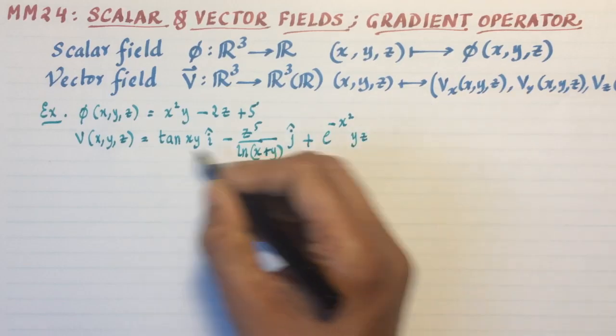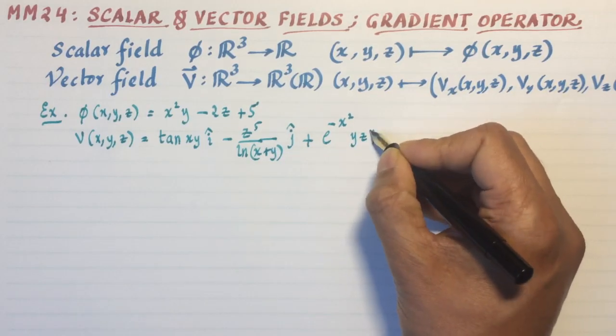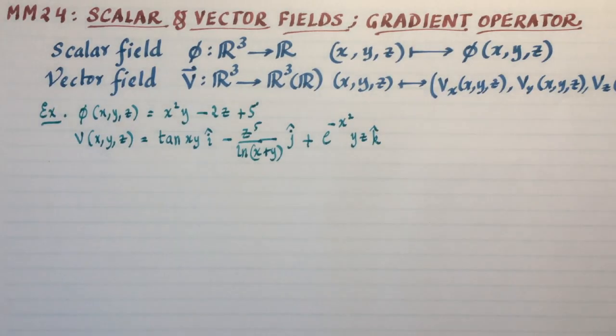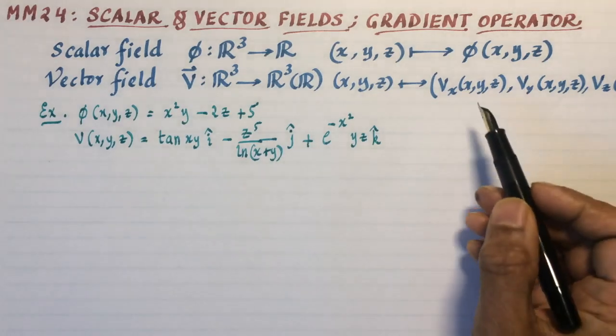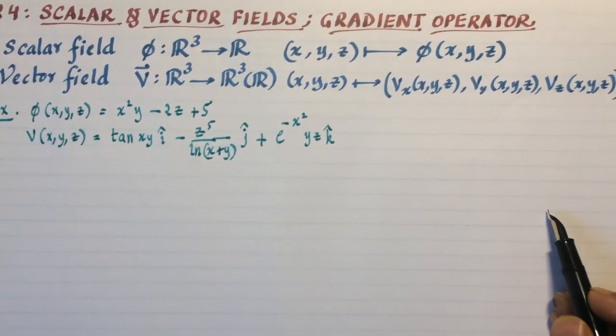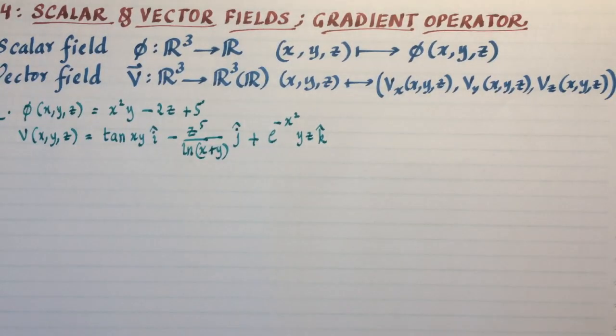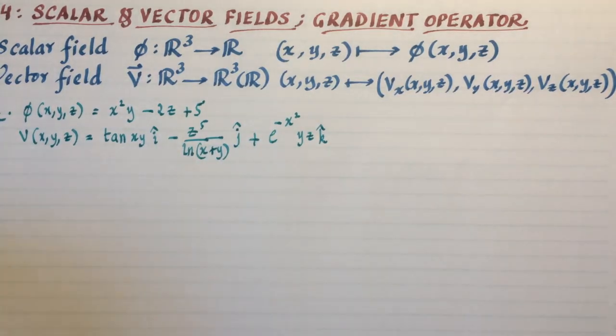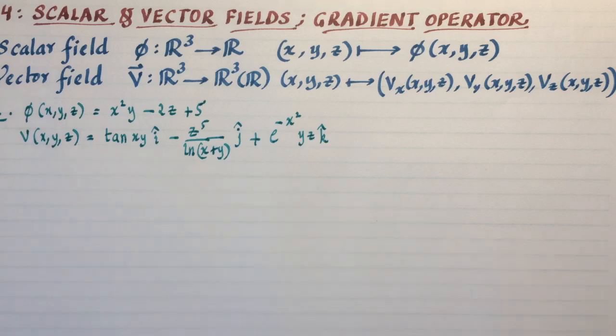You don't have to have all the x, y, z in each term. So that's an example of a particularly nasty looking vector field. You can just make anything up. There is no restriction on what V should look like. It can have singularities. It can have all kinds of bad behavior. We are not making any restrictions right now on whether the vector field should be differentiable or integrable, etc.